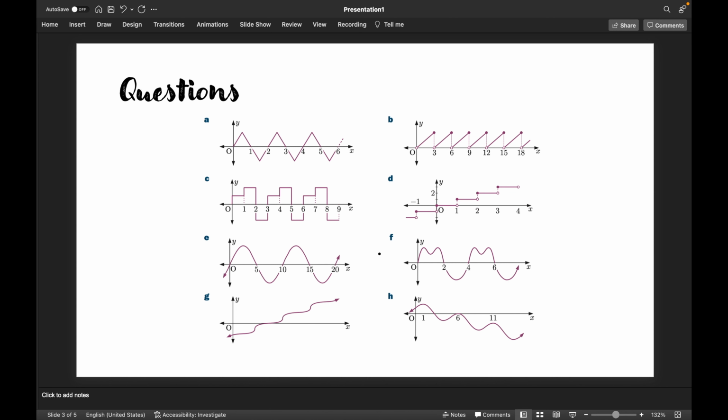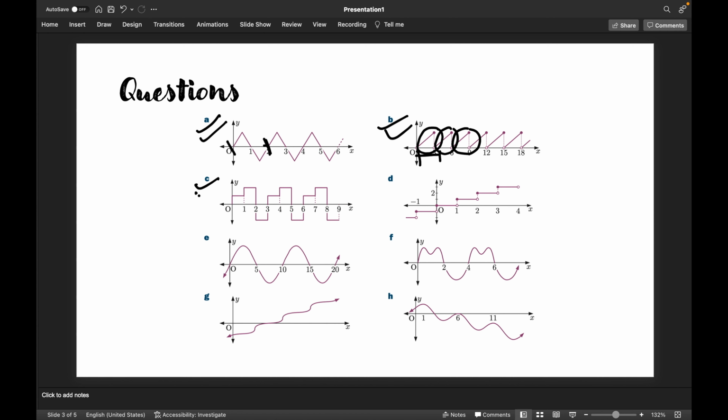I'm assuming that you've answered the question. The first one is a periodic function because this part keeps repeating over and over again. This also is a periodic function because this part keeps repeating and it's of the same length.